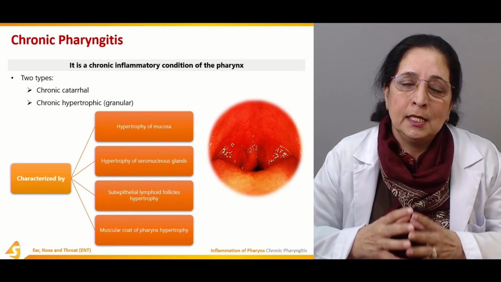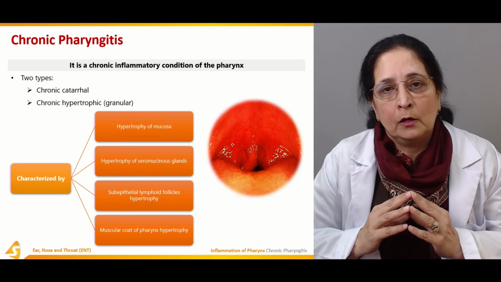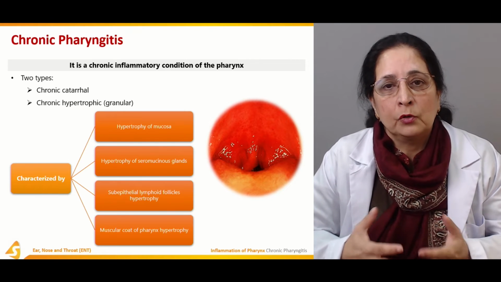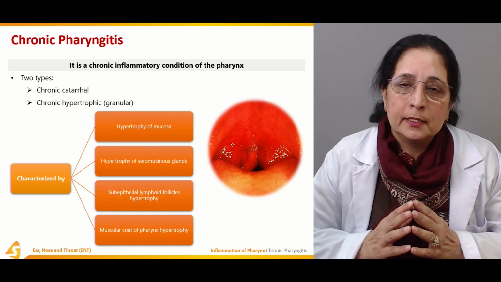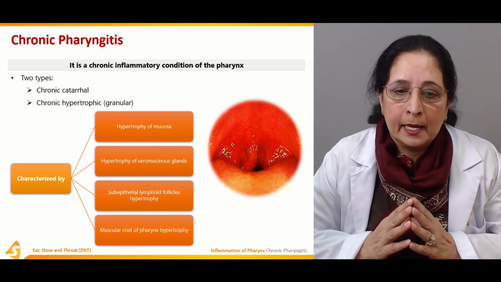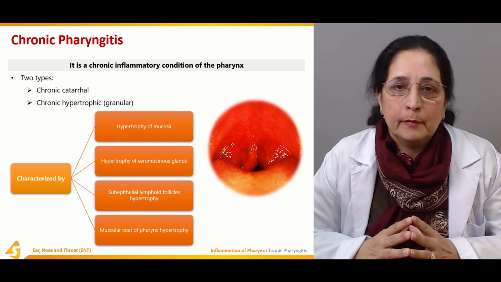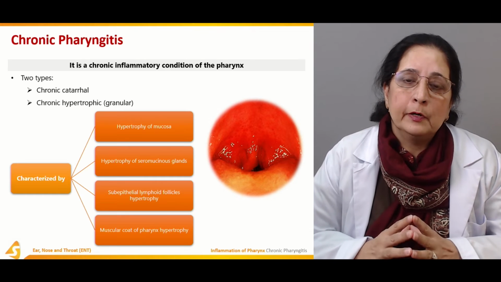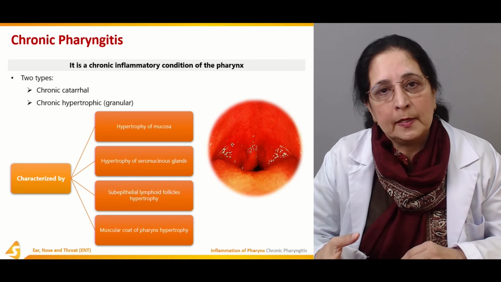It is characterized by increased cellular proliferation or growth of all these structures, including mucosa, seromucinous glands, lymphoid follicles, and also the muscular coat of the pharynx. They are all hypertrophied and give the presentation of chronic pharyngitis.